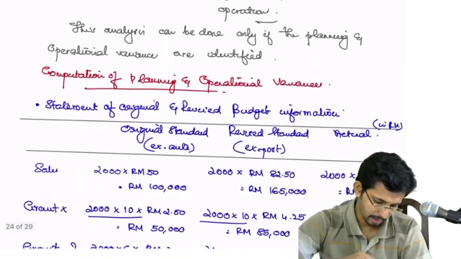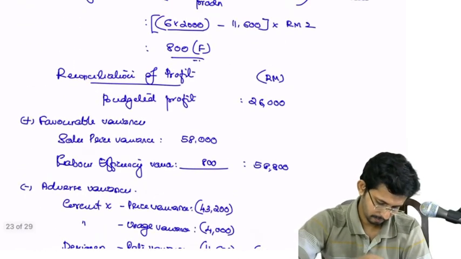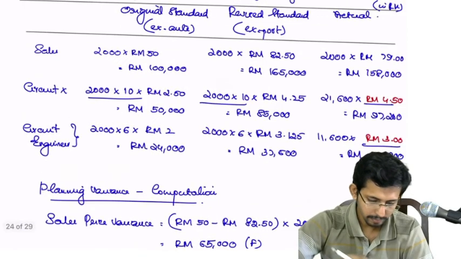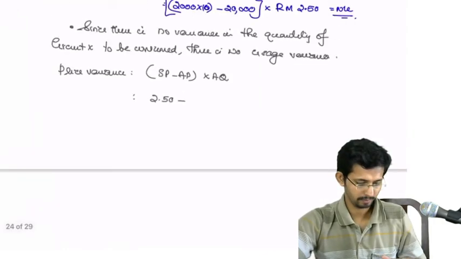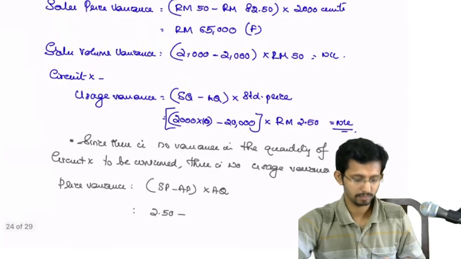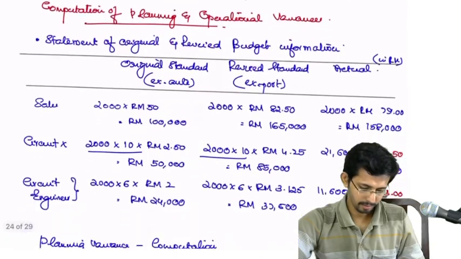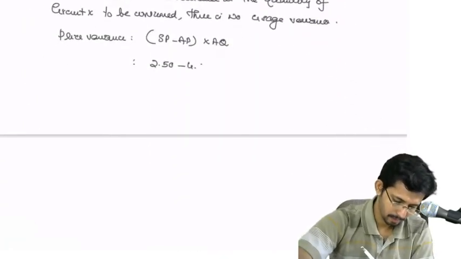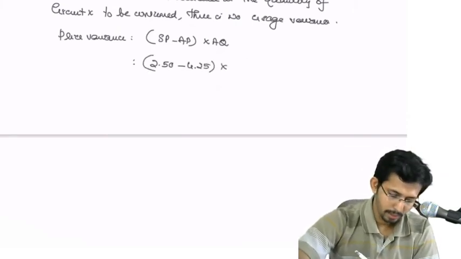Where did we compute? Not 4.50, 4.25. Okay. AQ is 20,000.